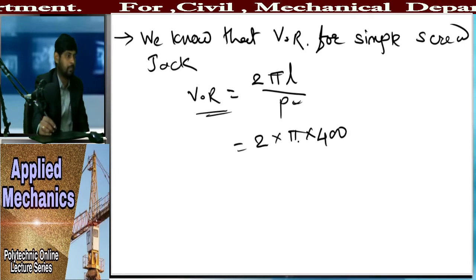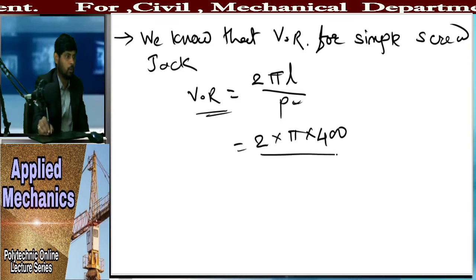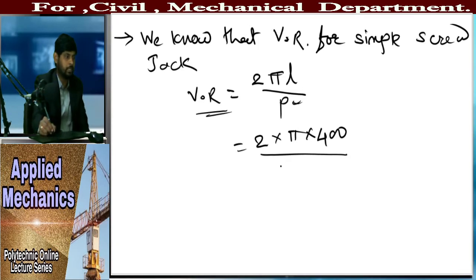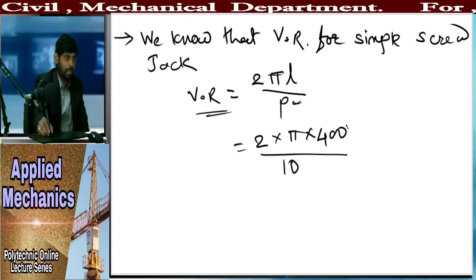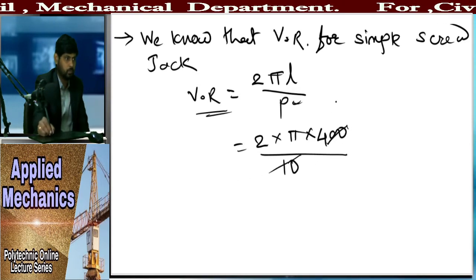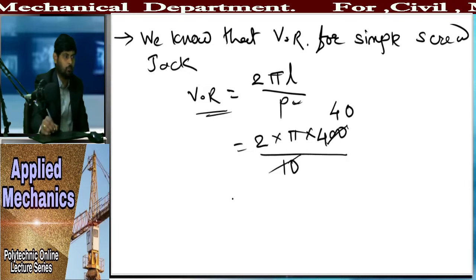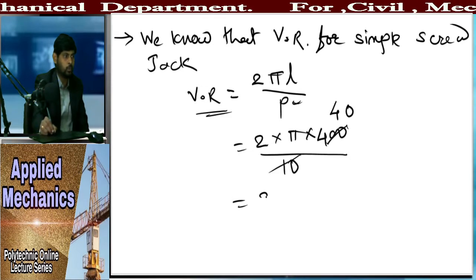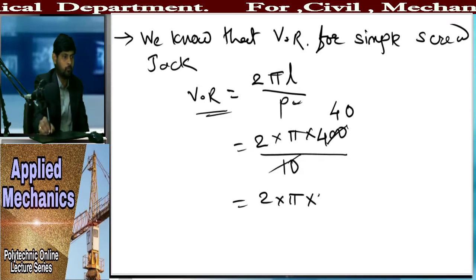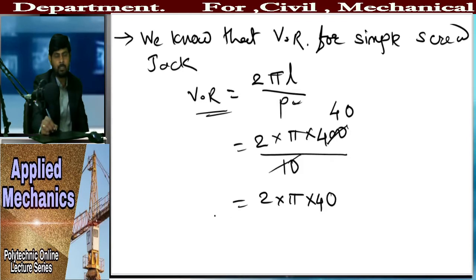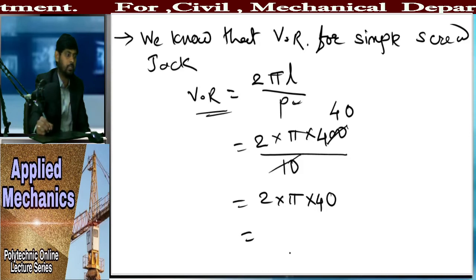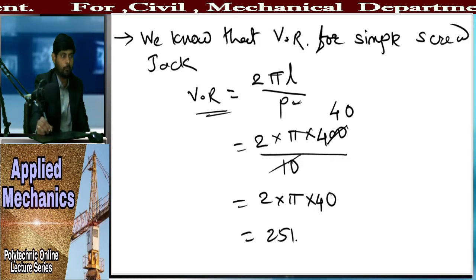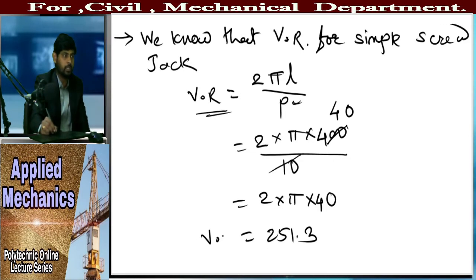After that, the value of P is nothing but 10. So do the calculation of this term, 2 into pi into 40, and you will get the answer 251.3. This is your velocity ratio.